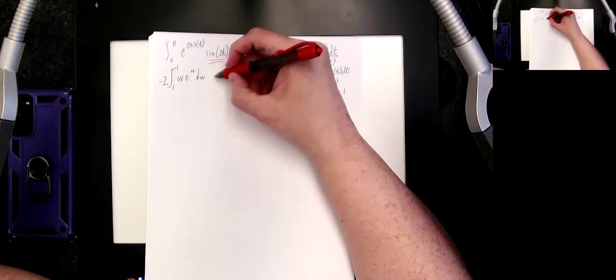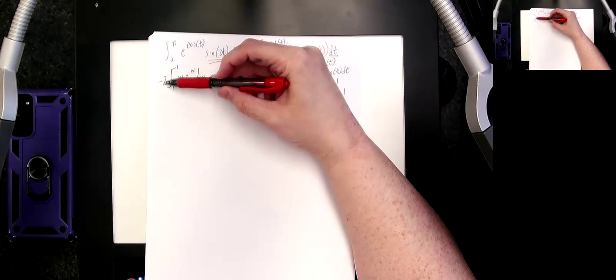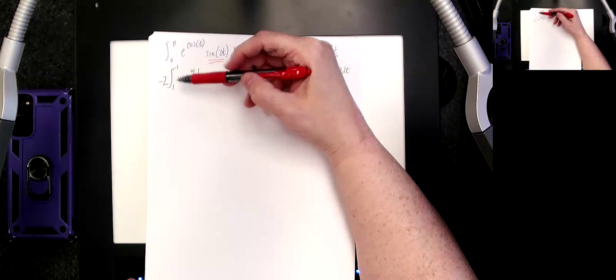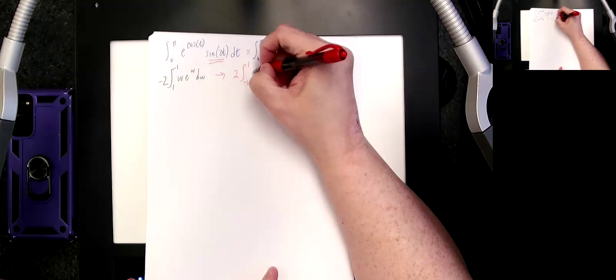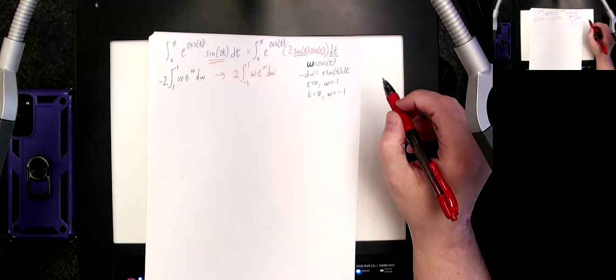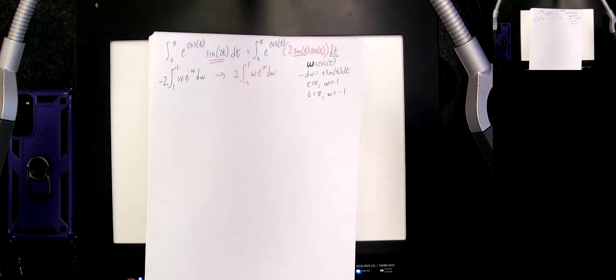You don't have to do this step. Keep in mind, we can get rid of this negative by flipping this integral and putting -1 back on the bottom where it should be. We could do this as -1 to 1 W e to the W dW. But assuming you don't recognize that or forget that, I'm not going to do it. But it still should give us the same answer.